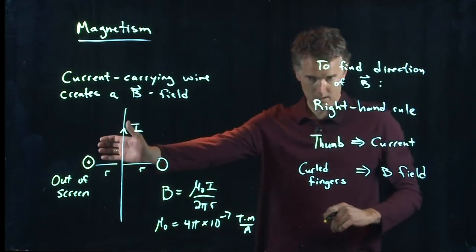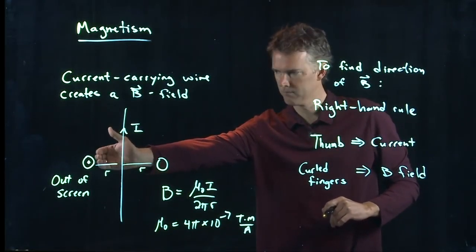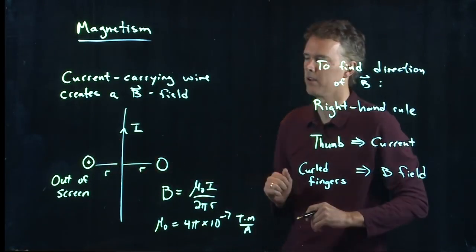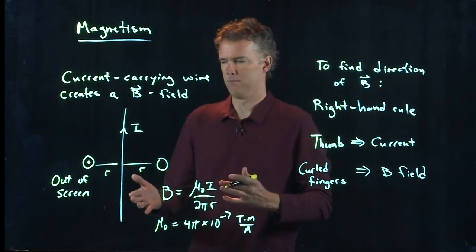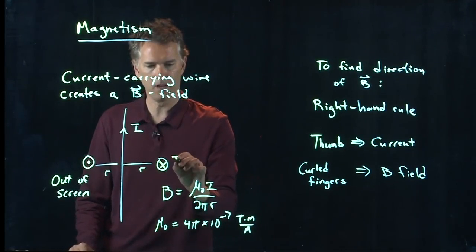Did everybody get that? Did everybody get something coming out of the screen towards them? Okay, you can see the tips of my fingers, those are coming towards you, and so it's out of the screen. Now, by process of elimination, if that is right, then this has to be right. On this side, it is into the screen.